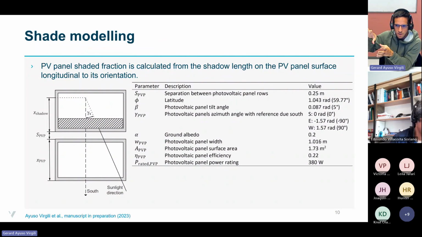So then we have the relationship between percentage of shading and the power output of that panel. With this shading model, we can calculate and predict how much energy you would get out of panels, depending on how much shading you have on them. So this is the explanation for both wind and solar.